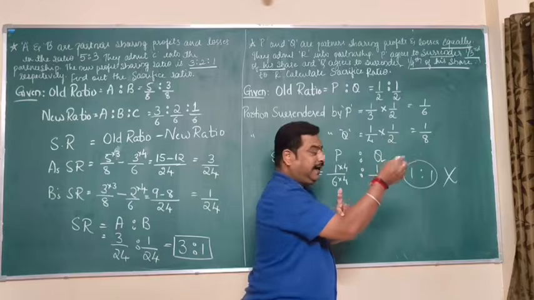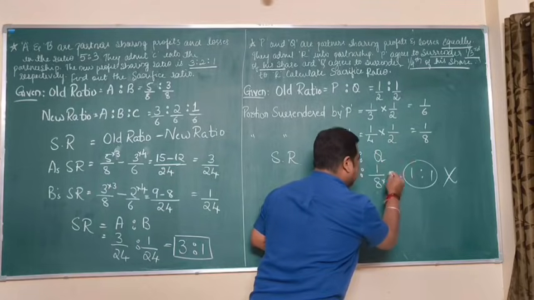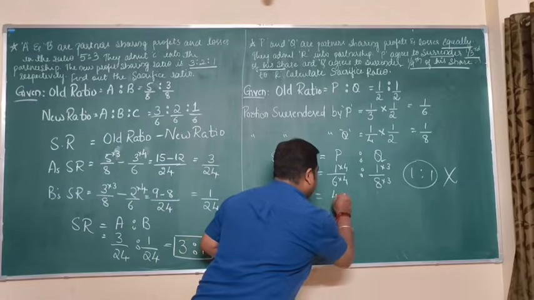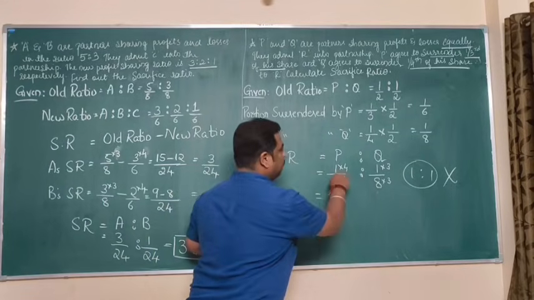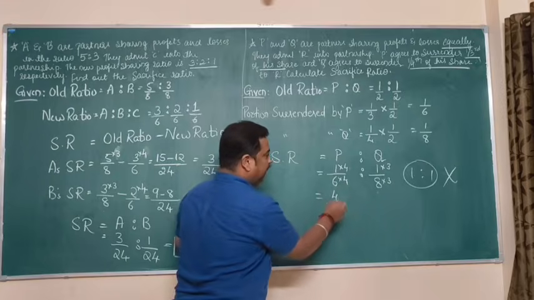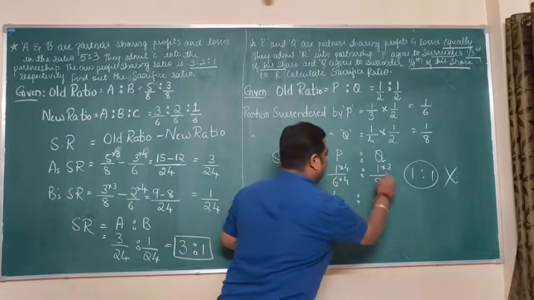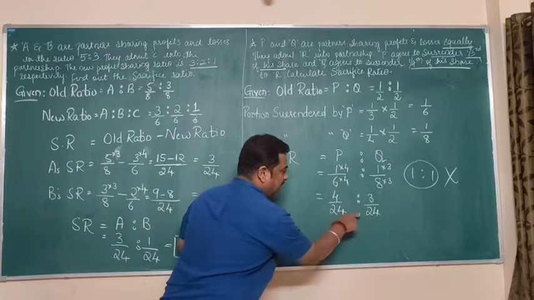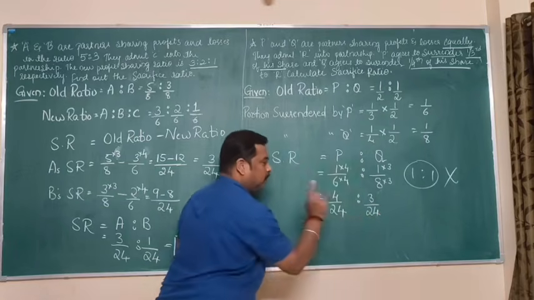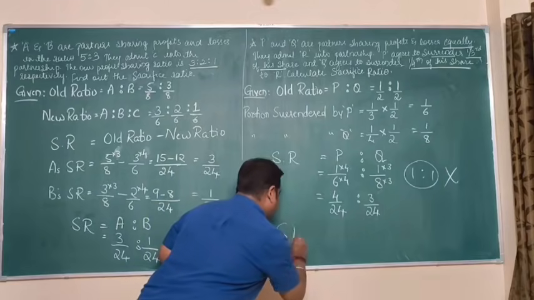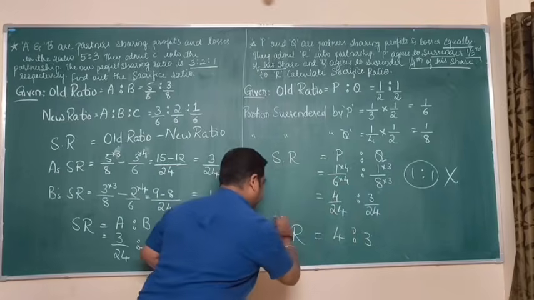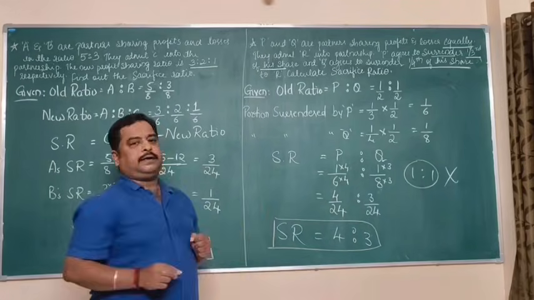How to make 8 as 24? 8 3s are 24, into 3 into 3. So it will be what now? 4/24. 1 4s are 4. 6 4s are 24. Is to 1 3s are 3. 8 3s are 24. Now can we check it out here? Both are same. Now you can write sacrifice ratio is equal to 4:3. Okay.